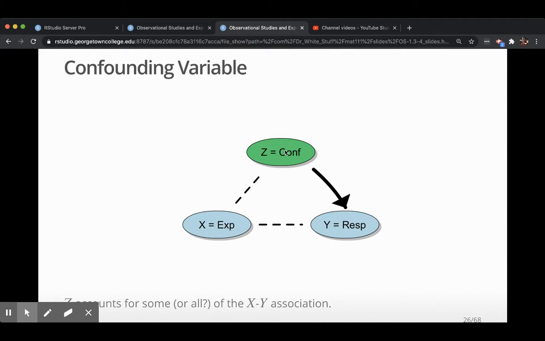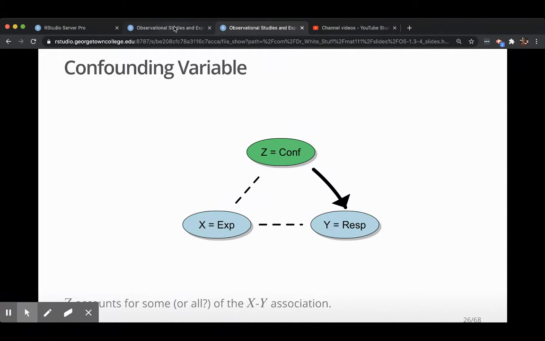This confounding variable in green here is a third variable, different from the explanatory variable and from the response variable. Secondly, it is associated with the explanatory variable. Thirdly, it helps to cause the response. So if we want to justify why age is a confounding variable in the study, then we need to address those three things.